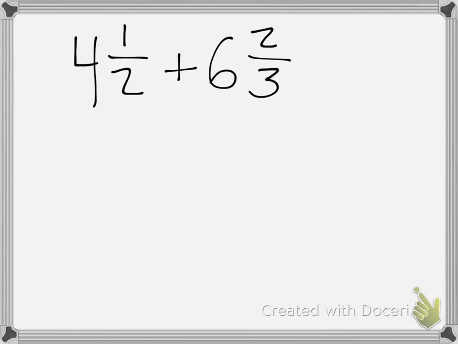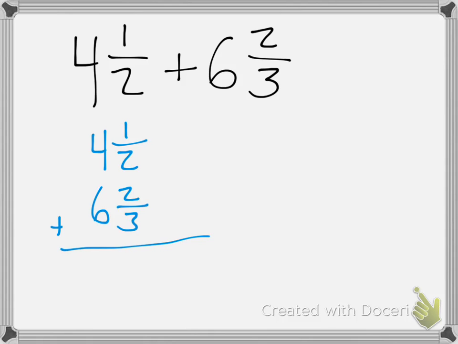So your first step should have been setting the problem up vertically. So if I'm setting this problem up vertically, I've got 4 1/2, and then I add 6 2/3. I make sure to put the addition sign so I don't get confused. Now I find my common denominator. You should have gotten the common denominator of 6, because 2 times 3 is 6. How did I get 6 from 2?